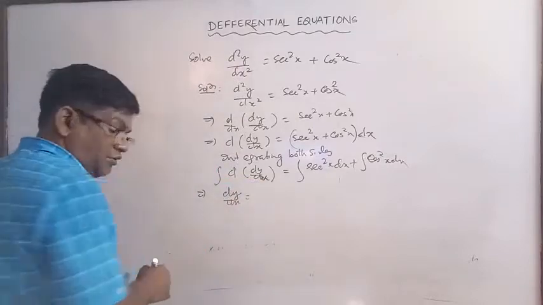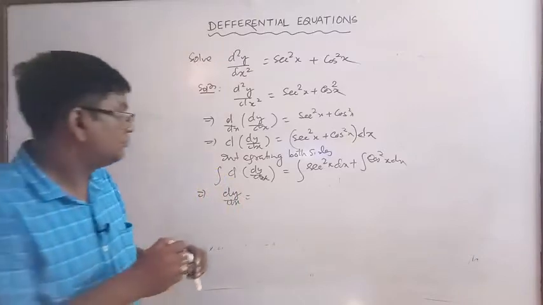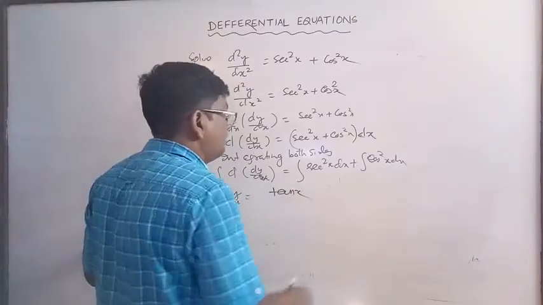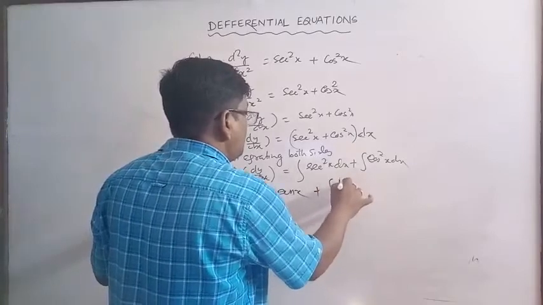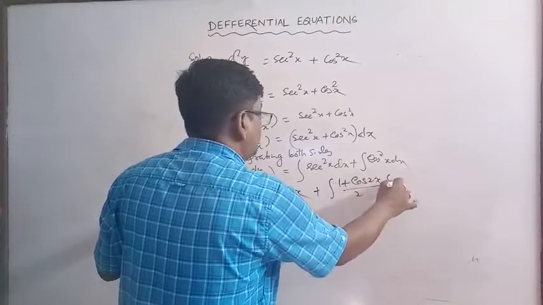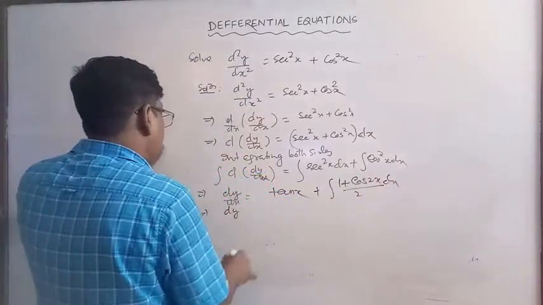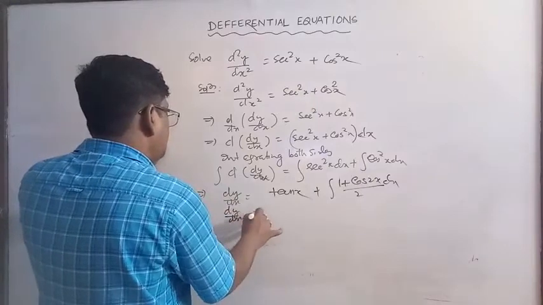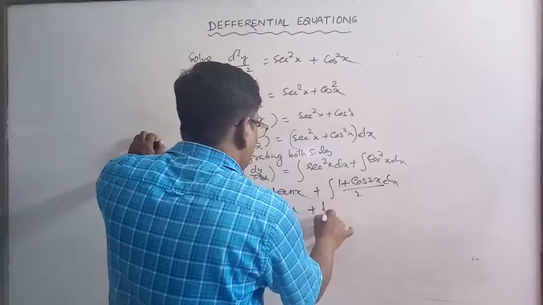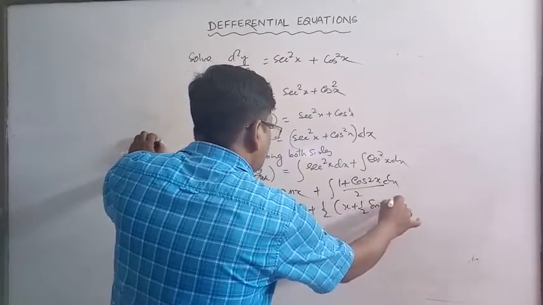Integration of sec square x is tan x, and integration of cos square x is 1 plus cos 2x by 2 into dx. So dy by dx is equal to tan x plus 1 by 2 into x plus 1 by 2 sin 2x plus c.